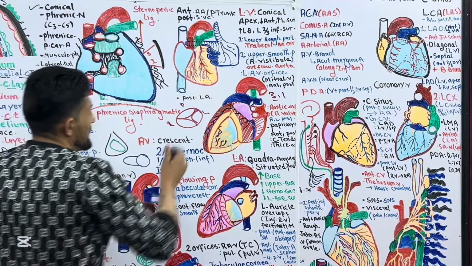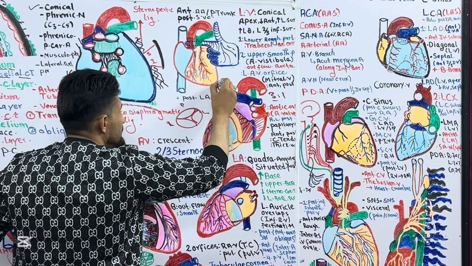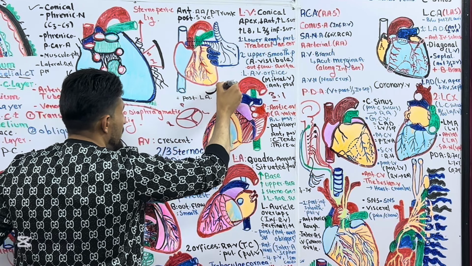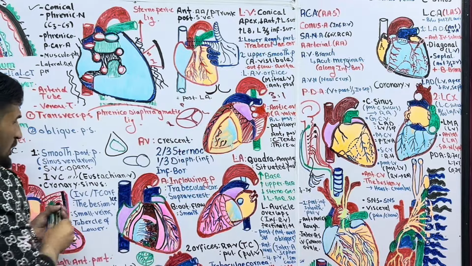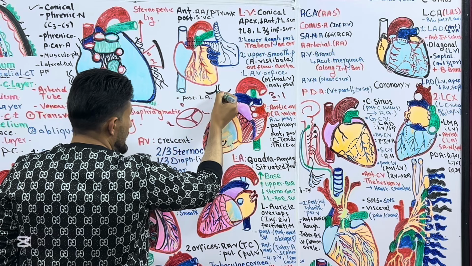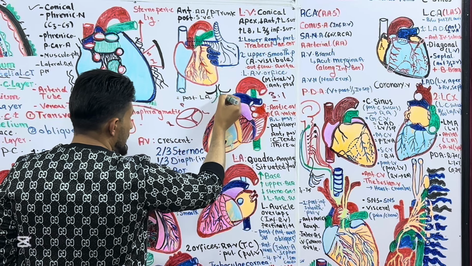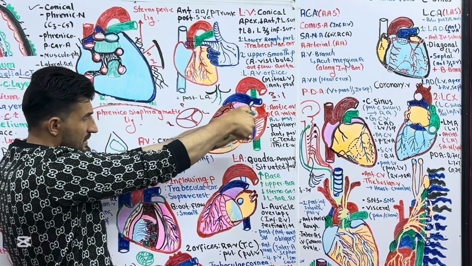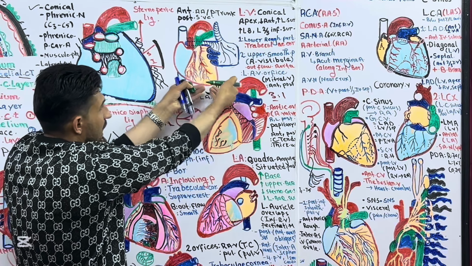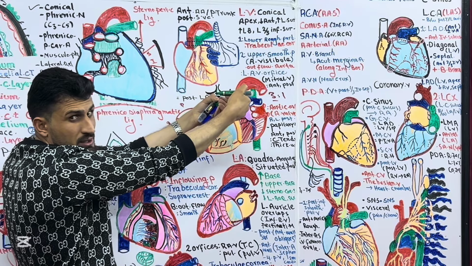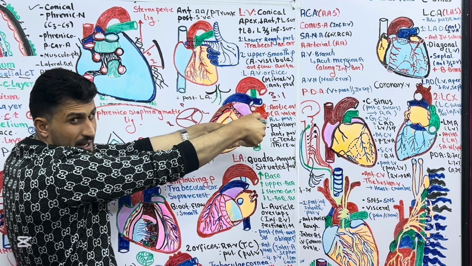For example, this is the aortic valve. From this point here, these coronary arteries originate. When the aortic valve closes, during diastole, the sinus will be filled by the blood.